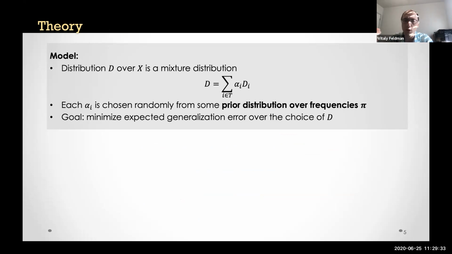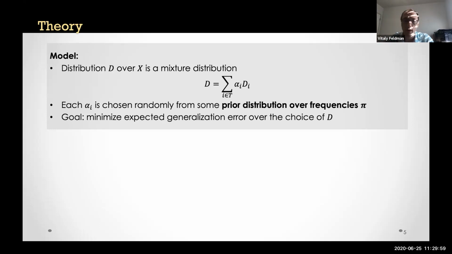And the frequencies in this mixture, which are just these mixture coefficients, are assumed to be chosen randomly from a prior distribution over frequencies, which is denoted by pi. And the goal of the learning algorithm is to minimize the expected generalization error, where the expectation is also taken over the choice of this distribution over the domain, because there's a random choice of these mixture coefficients.